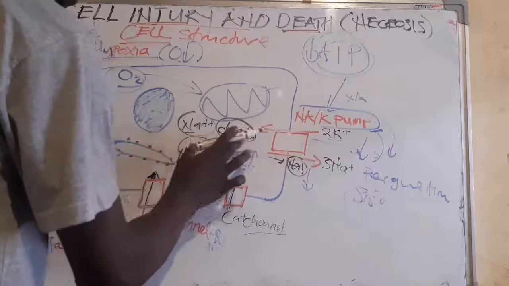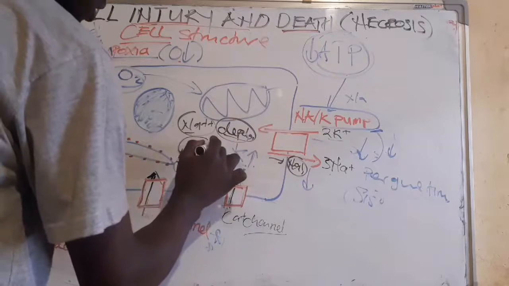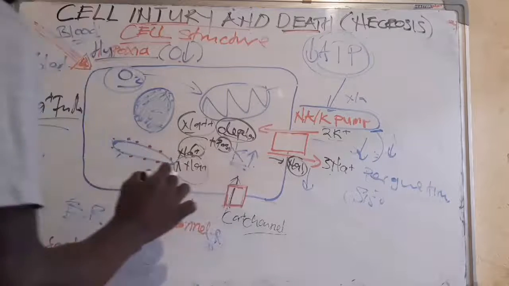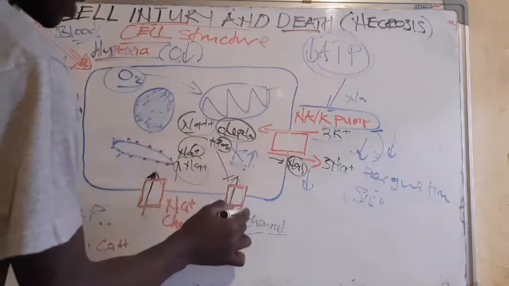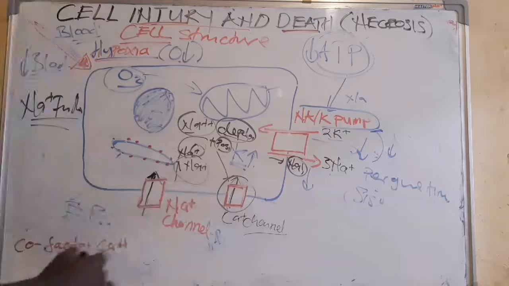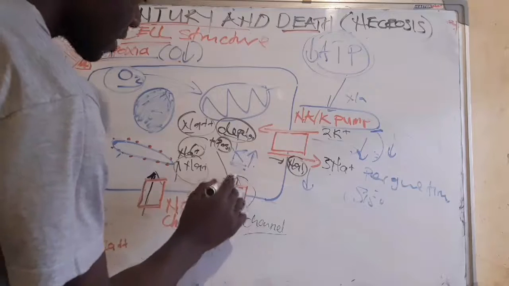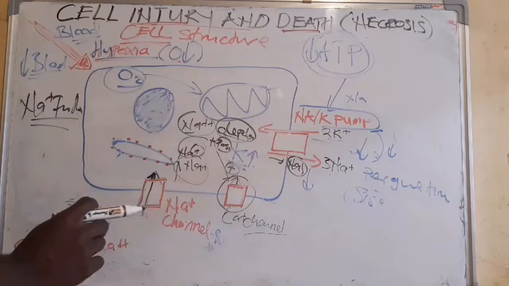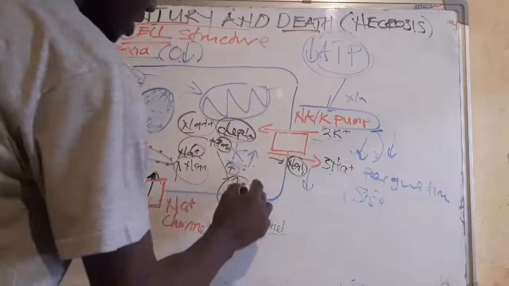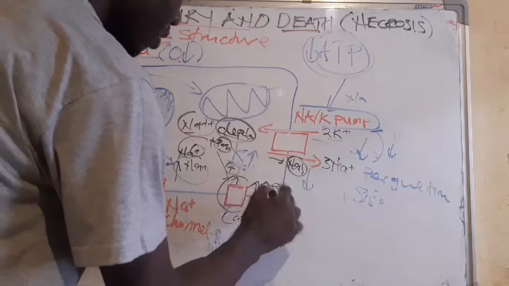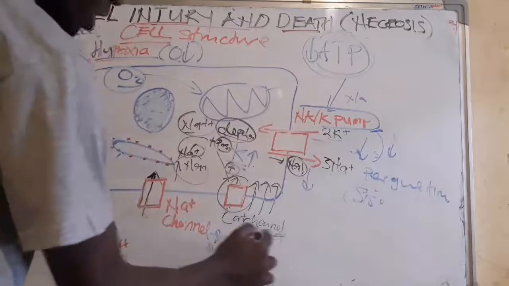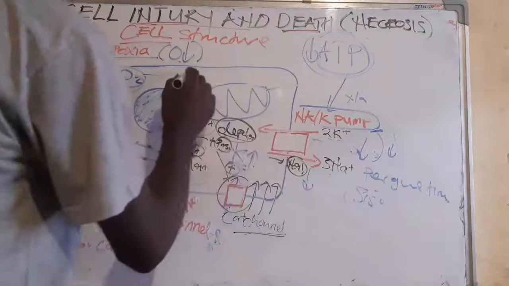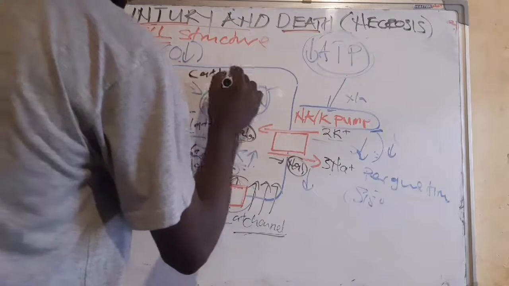When it depolarizes, it means the cell becomes more positive. When the cell becomes more positive, what does it cause? It causes the opening of the calcium channel. When the calcium channel opens, calcium ions enter, meaning the calcium ion will increase inside the cell.